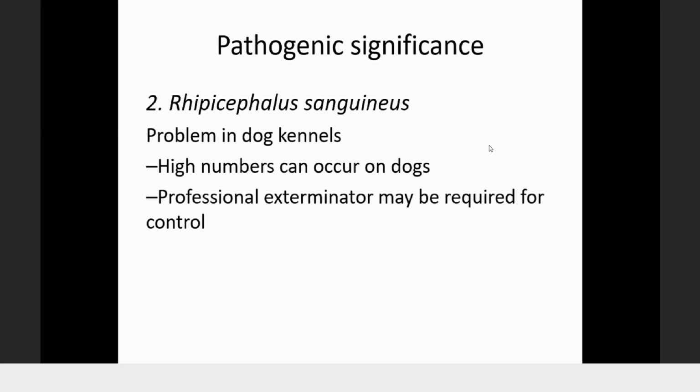Okay, pathogenic significance that is particular to Rhipicephalus sanguineus. For example, the problem in dog kennels: there can be high numbers on dogs because the ticks are present in the environment and also in the kennel itself, in the walls of the kennel, and in cracks and crevices.